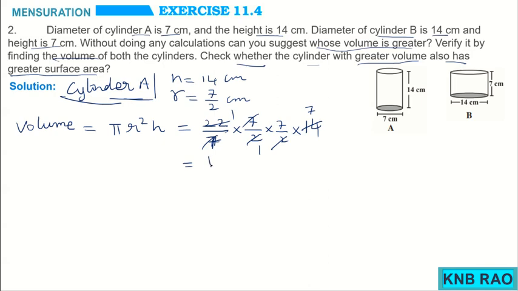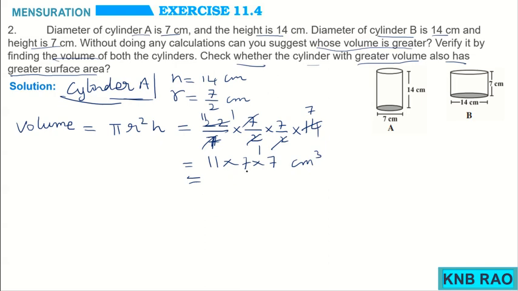Now, it becomes 11, 22, when it cancels with 2, 11 will be left over, 11 into 7 into 7. So, you know, it is centimeter cube or cubic centimeter.